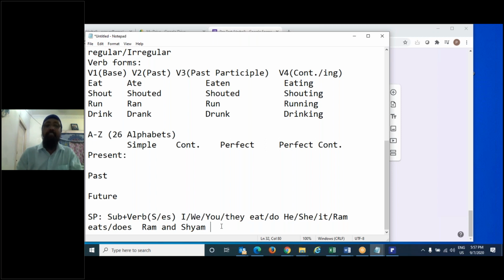So when it refers to they, that means it will accept do or eat without s or es. However, when it says Ram or Sham, that means anyone between Ram or Sham. So it is referring to any one of them. So here it will not accept do, it will accept does, or it will accept eats.